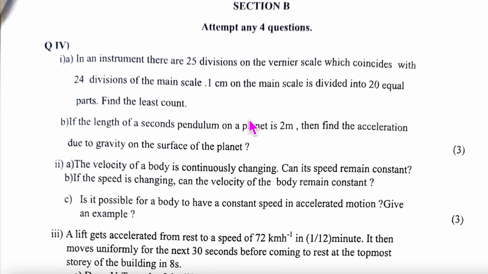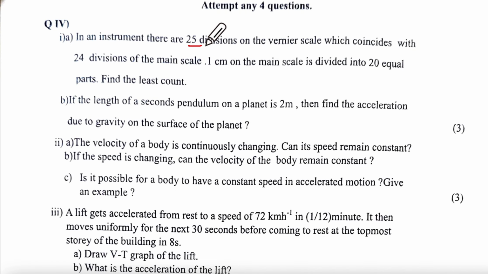An instrument has 25 divisions on the vernier scale which coincide with 24 divisions on the main scale. 1 centimeter of the main scale is divided into 20 equal parts. Find the least count.